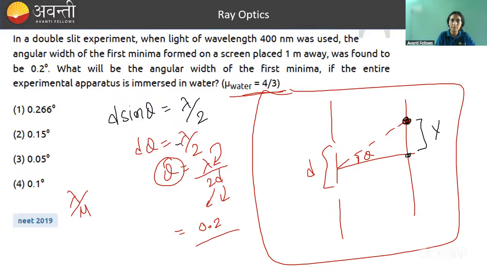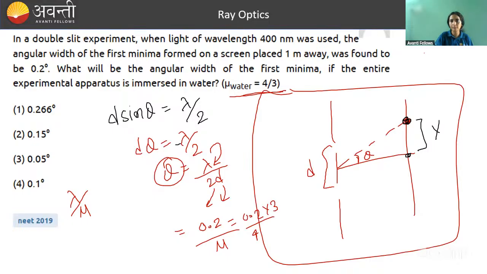I mean, here lambda will become what? Lambda by mu. And by mu, if you do, then 0.2 by 4 into 3. Okay. So this is going to be how much? This is your mu, water is 4 by 3. Will it become lambda by mu or what?